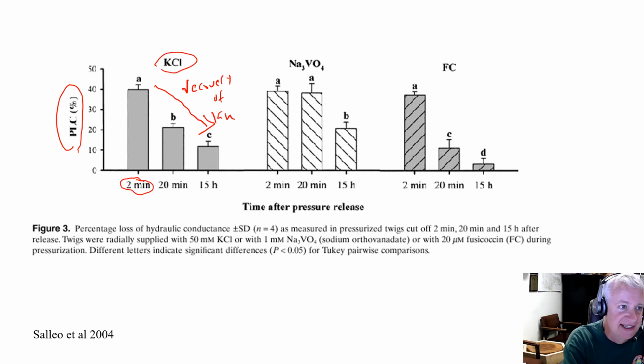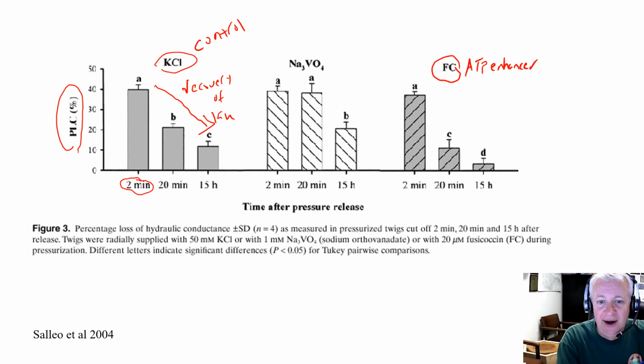This essentially is a control. So this is basically KCl. That's a solution that's usually used in measurements of hydraulic conductivity. This is basically an ATP enhancer. So this is a situation where there's more energy available in these shoots. And what you can see is that the recovery is faster and more extreme when they enhance energy availability.